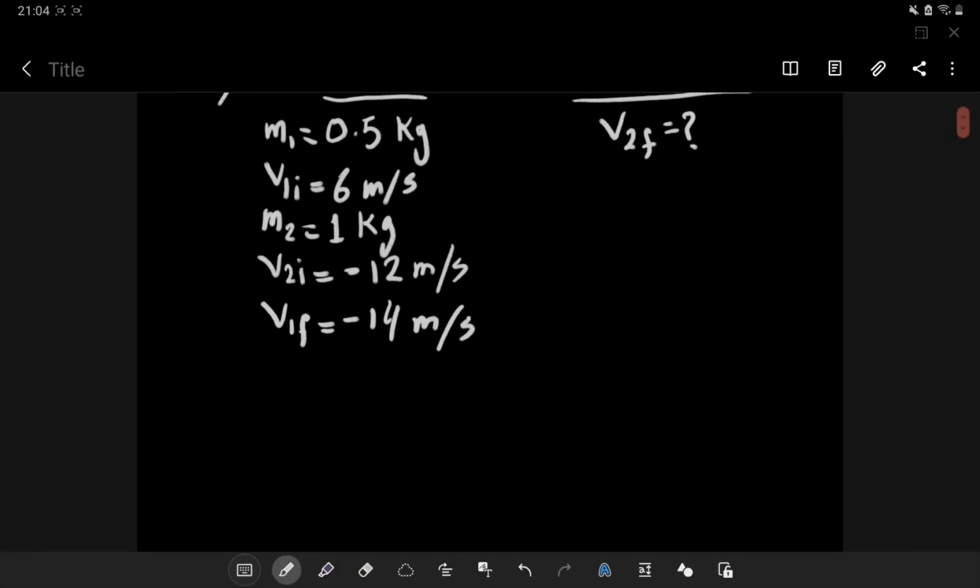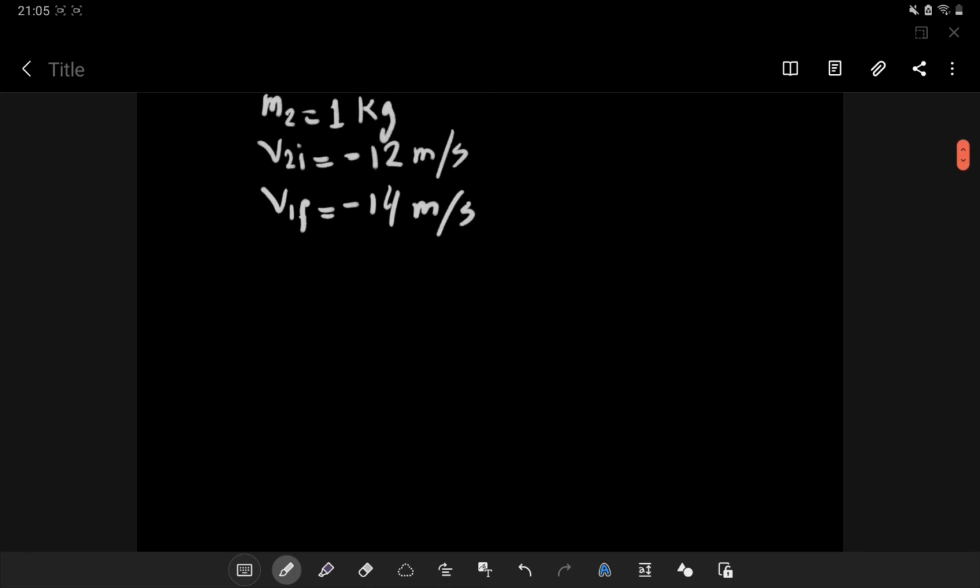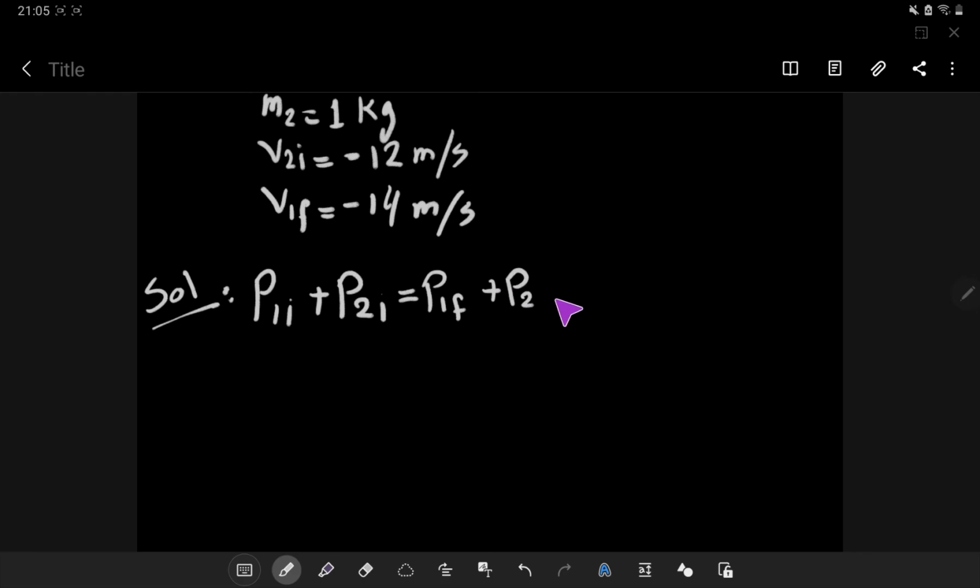So in the beginning, we will write our equation. Our equation is P1 initial plus P2 initial equal to P1 final plus P2 final.